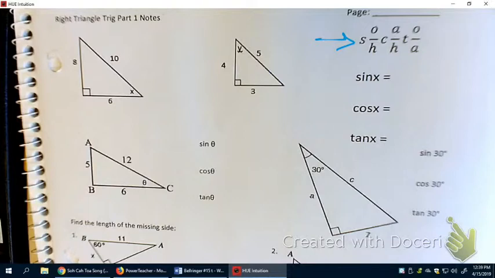The O and the H and the A and the H and the O and the A in SOHCAHTOA tell you which sides you have to use for that function. For sine, it says O and H beside the S. That stands for opposite over hypotenuse.